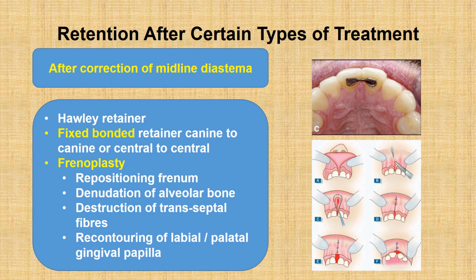A frenectomy can be done to reposition the frenum, denude the alveolar bone, destroy the transseptal fibers and recontour the labial gingival papilla.